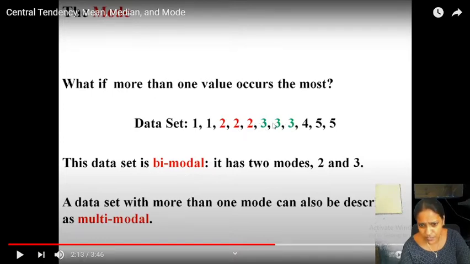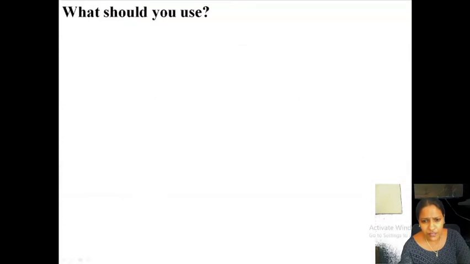So you can say this is a bimodal data set. There are other data sets where multimodal conditions can be observed. You could have 2, 3, even 4 modes, even more than that. That would be a multimodal data set.